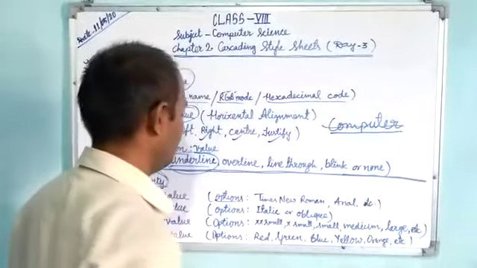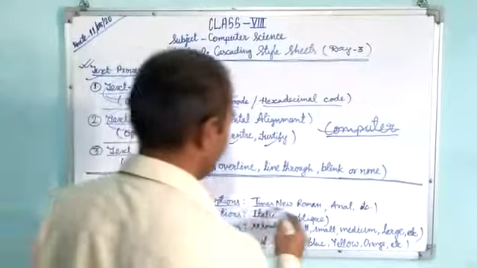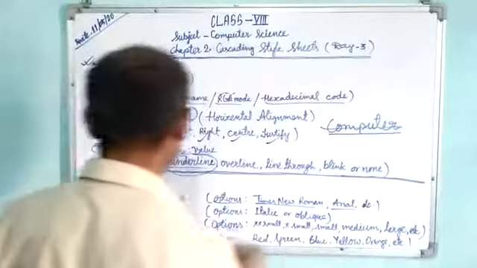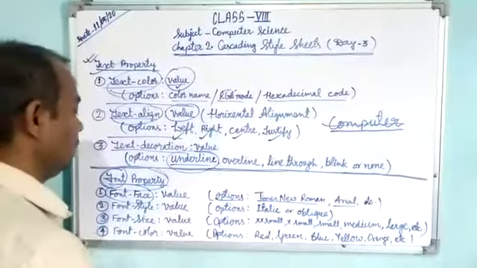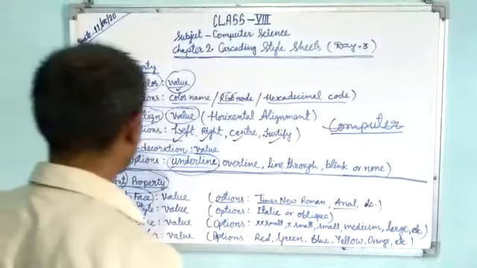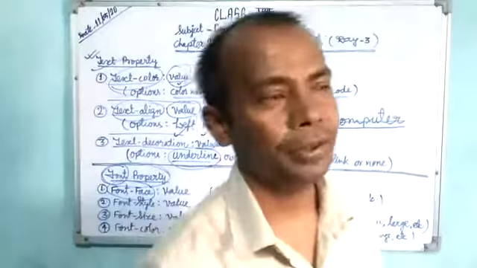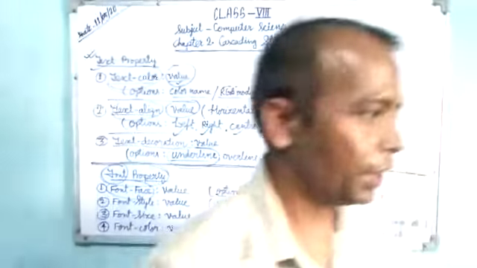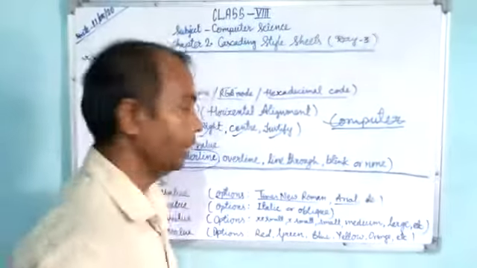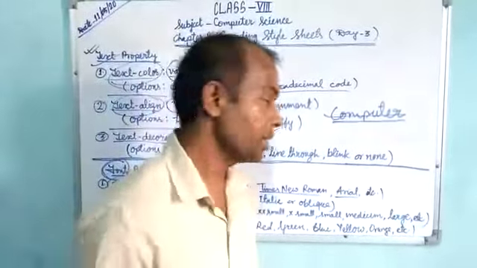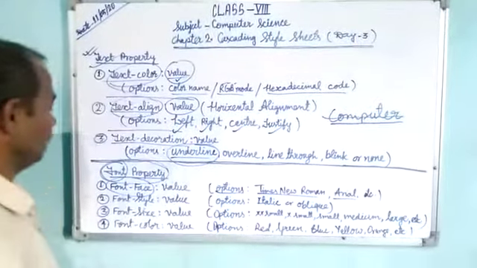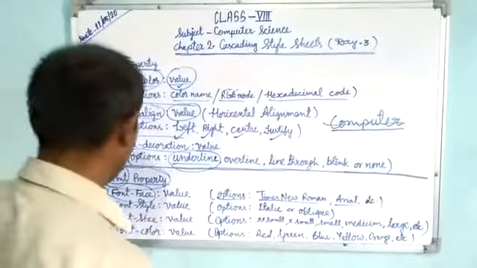We put values such as Times New Roman, Arial and so on. This way of writing becomes more effective, impressive, eye-catching, and looks very beautiful with a good appearance. We can do this according to our choice.